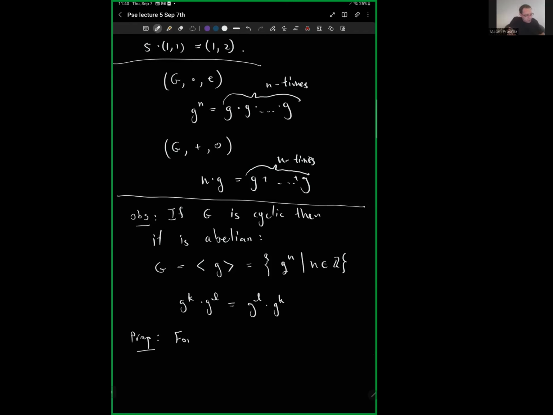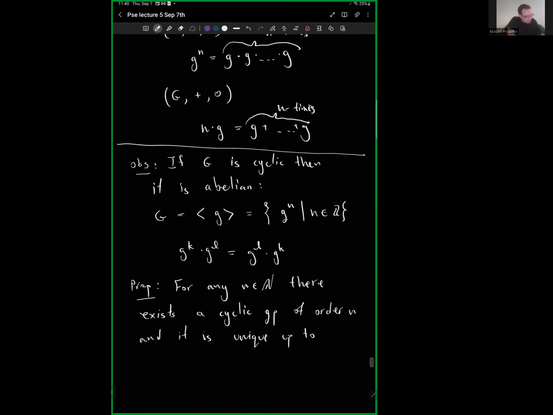Now I claim that for any natural number n, there exists a cyclic group of order n, and it is unique up to isomorphism.